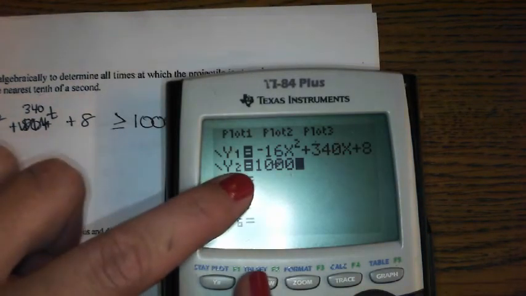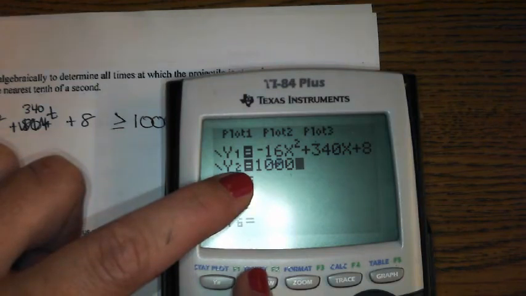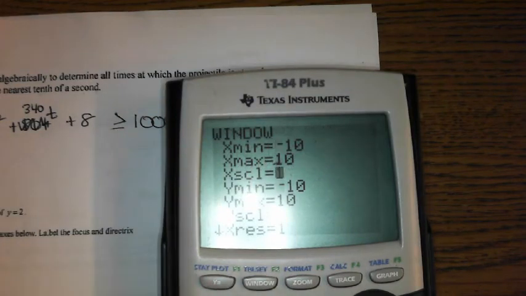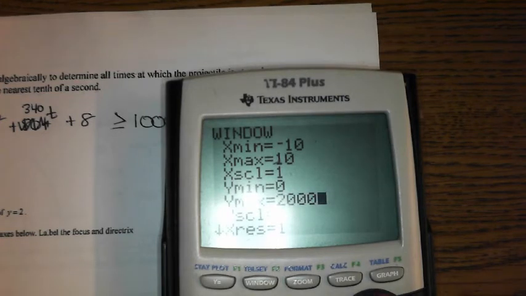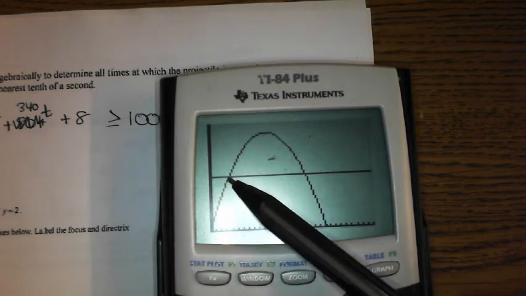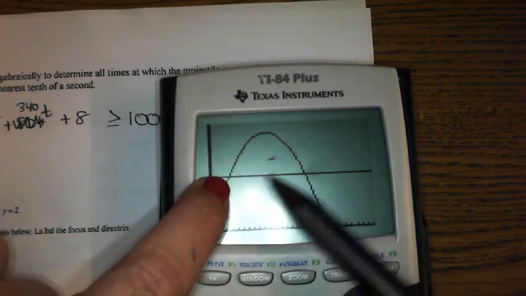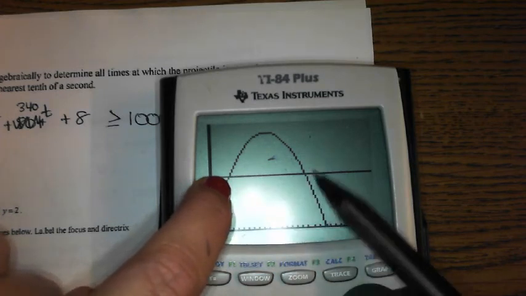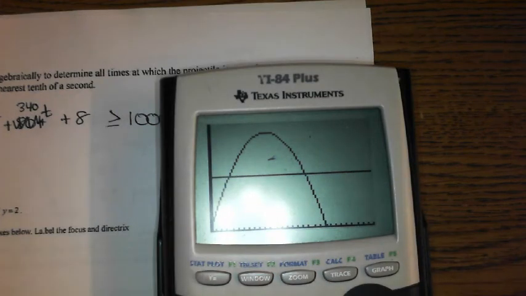My window, because my y coordinate is 1,000 and my y is height, I'm going to go from 0 to 2,000. And then x is time, so I'm going to go from 0 to 30 and see what happens. There's my parabola. And then I'm going to trace this intersection and this intersection, and between this x-coordinate and this x-coordinate is when I'm exceeding 1,000.